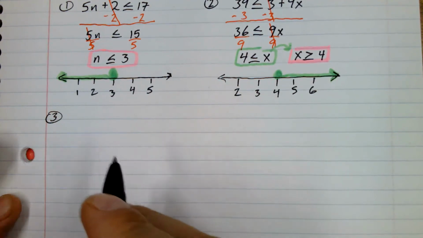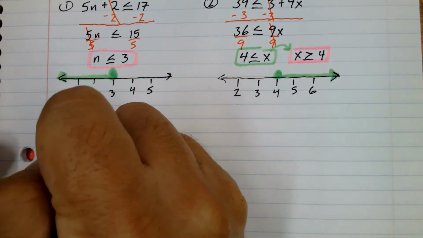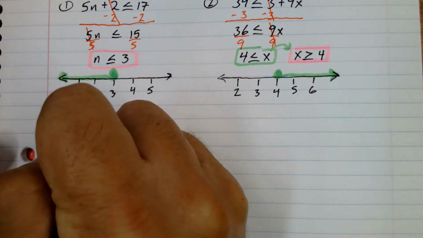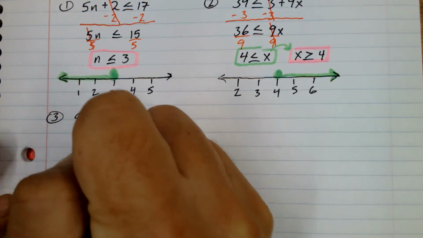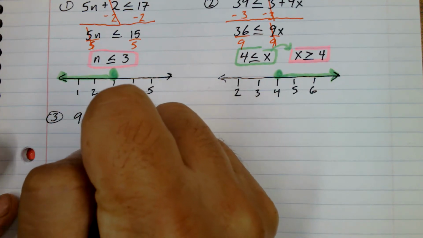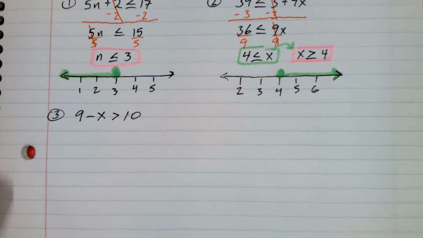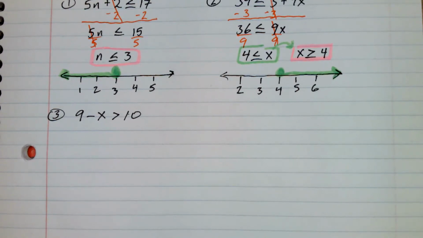So let's do the following one. 9 minus x is greater than 10. 9 minus x is greater than 10. Any questions?